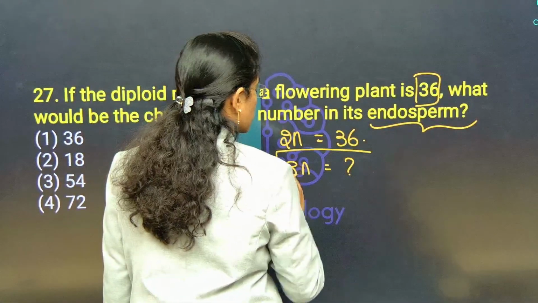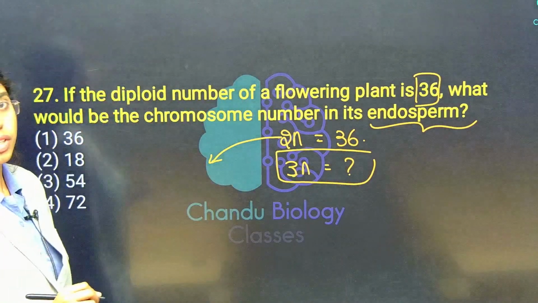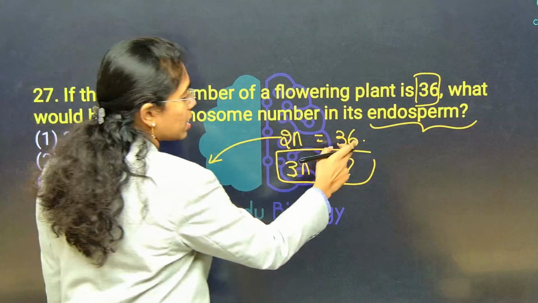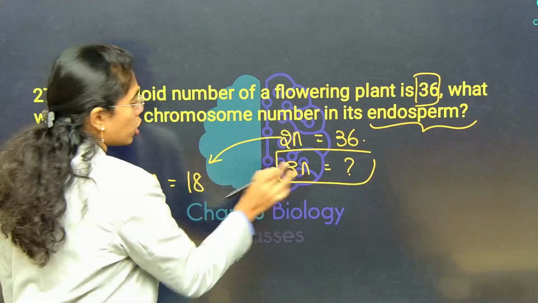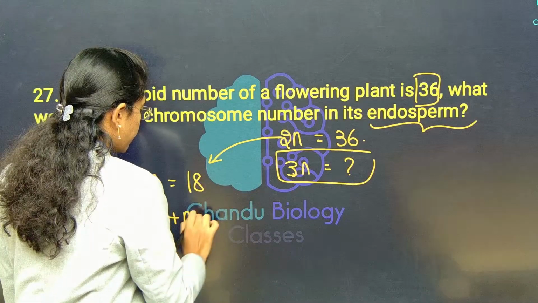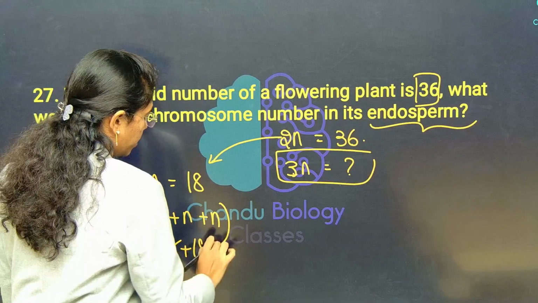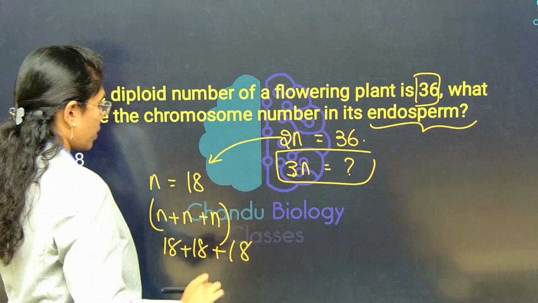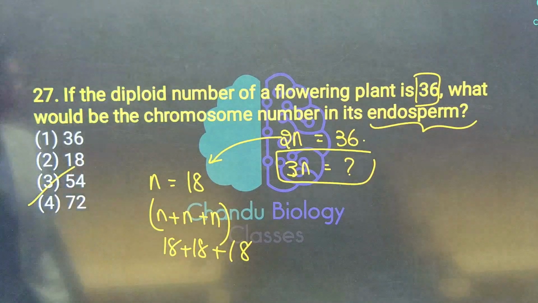First you have to know what will be the haploid number of this flowering plant. If diploid number is 36, then haploid number will be 18, right? Endosperm is n plus n plus n condition, which is 18 plus 18 plus 18. And the right answer will be 54.